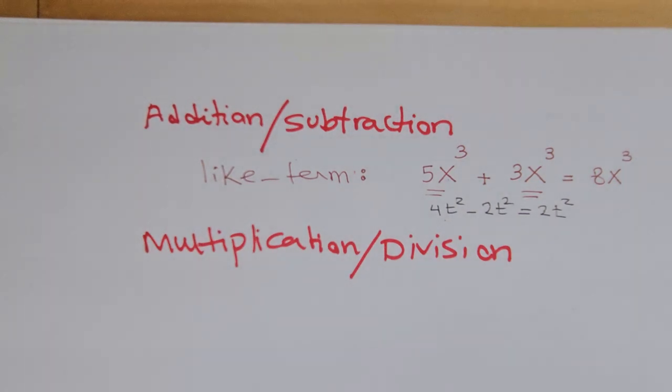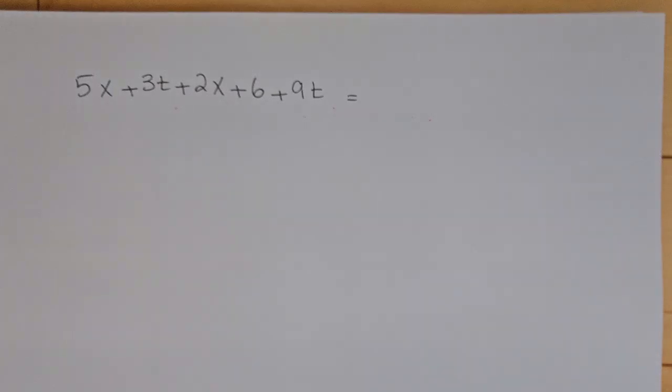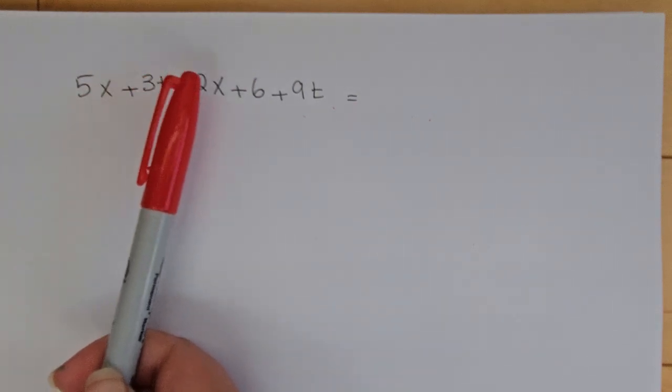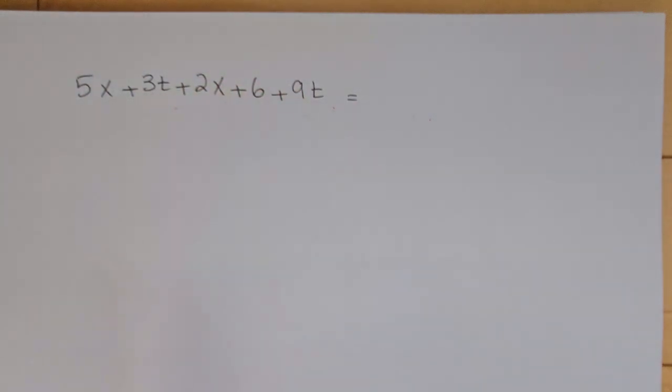All right, now let's do some examples. First example, here we have an expression consisting of 5 different terms. What are the variables?